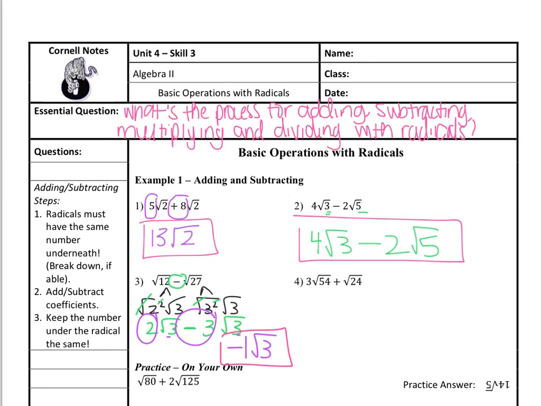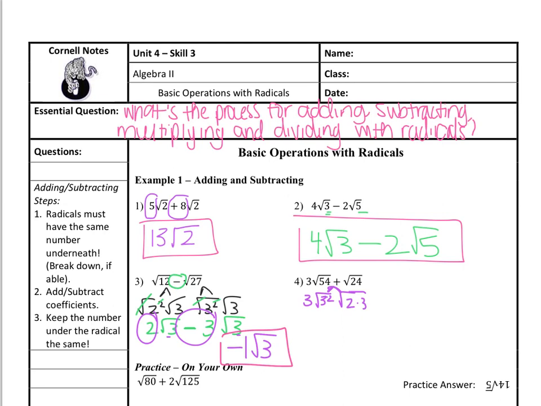In number 4, I look to see first if I can break it down before I try combining. So I have 3 square root of 54, which can certainly be broken down. Type it into your calculator for that prime factorization, and you should be getting 3 squared and then 2 times 3.